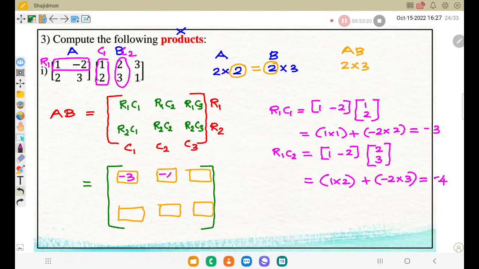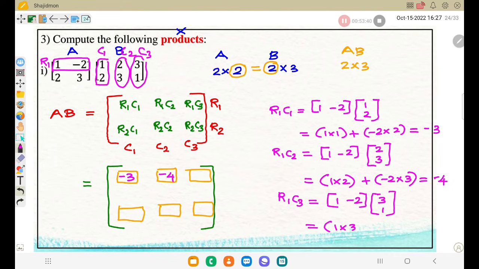So here we got -4. Now the same way R1 with C3, column number 3, which is [3, 1]. So we will get 1 multiply 3 plus -2 multiply 1. That means 3 minus 2, which is 1. So here the number is 1.